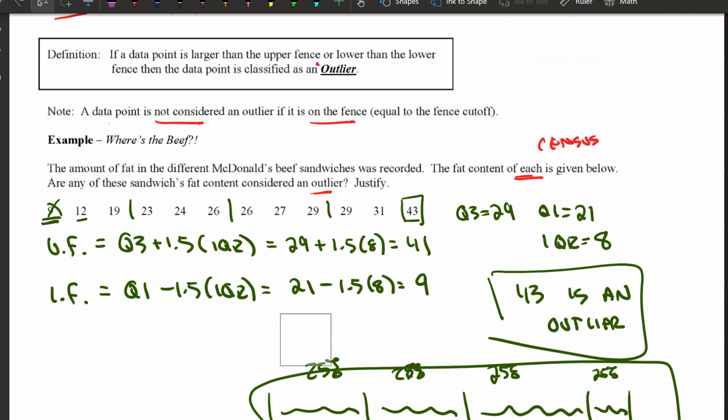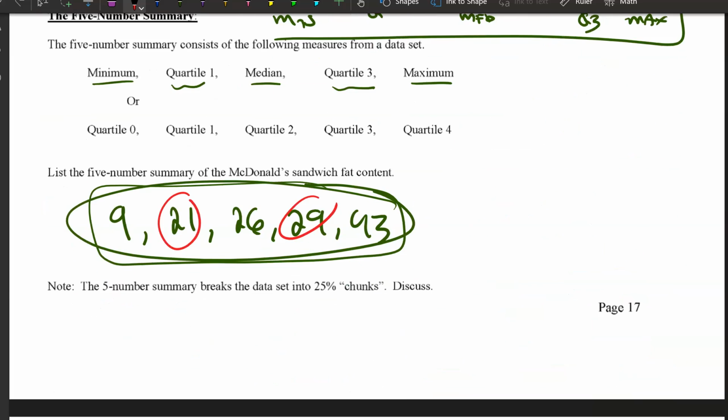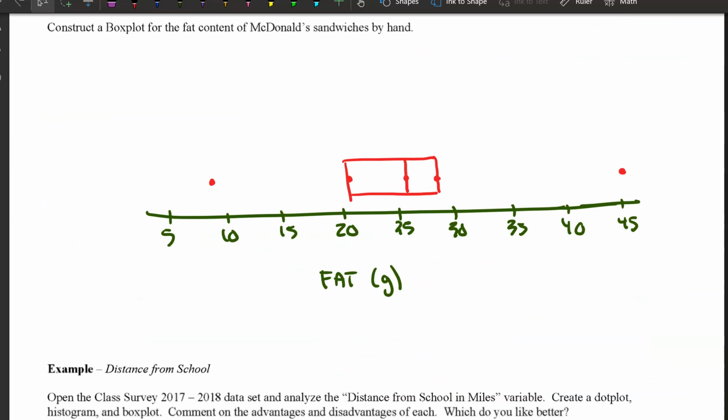Here. 9 was not an outlier, but 43 was. So we're going to go to the next biggest one, which is 31. So the bottom whisker goes to 9. The top goes to 31. 31 right there. And then we use a little symbol or an asterisk or something for the outlier. Okay.